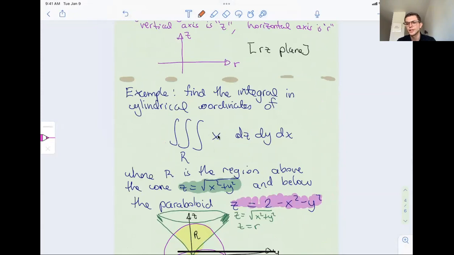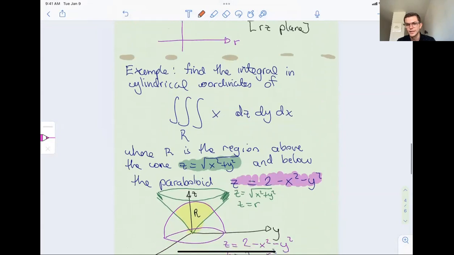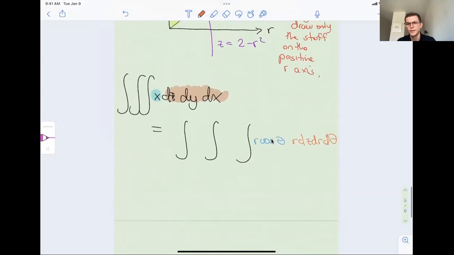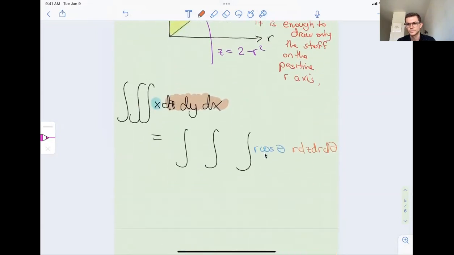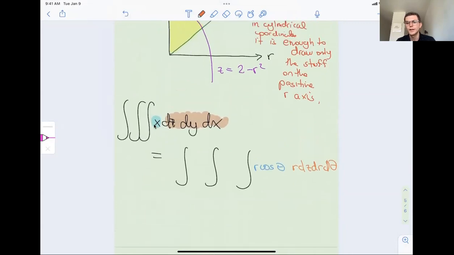It's just because I chose to integrate x here that you have r cosine of theta. If I had given you y, you would have put r sine of theta, right? Or if it were xz, you would have put r cosine of theta times z. So yeah, that's why.